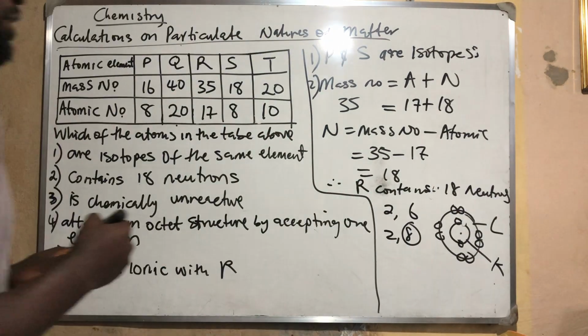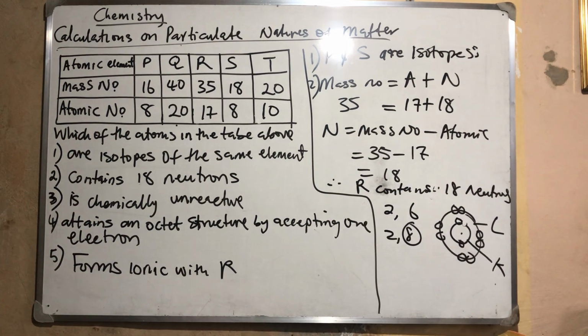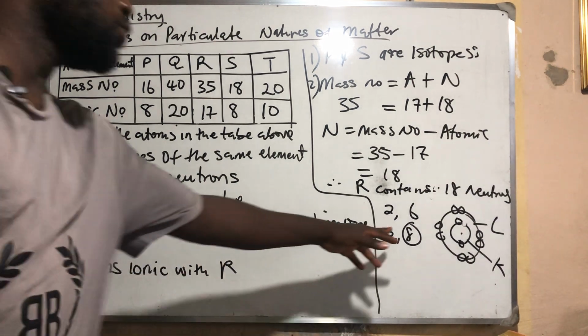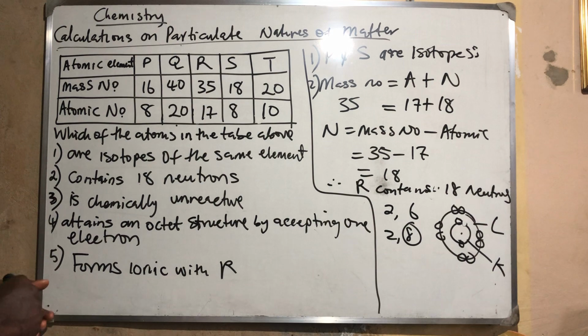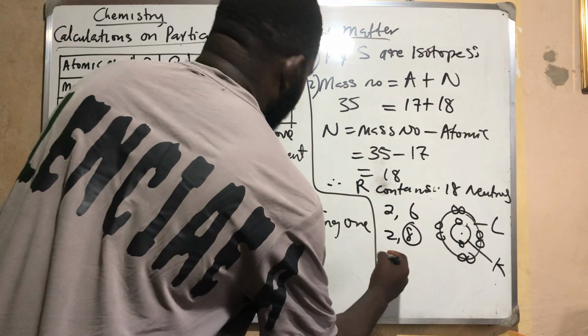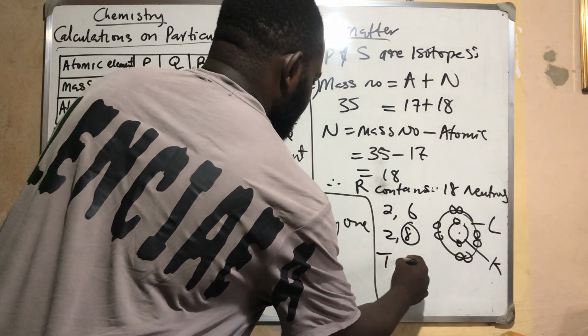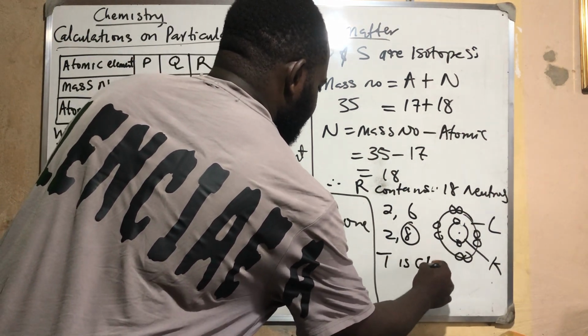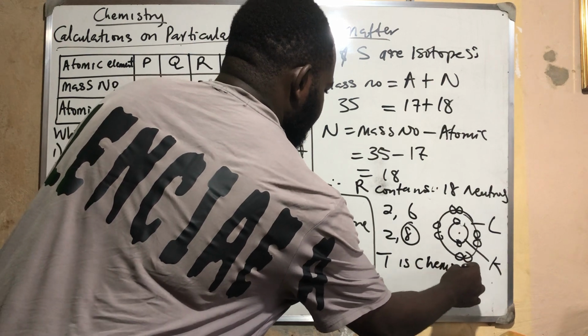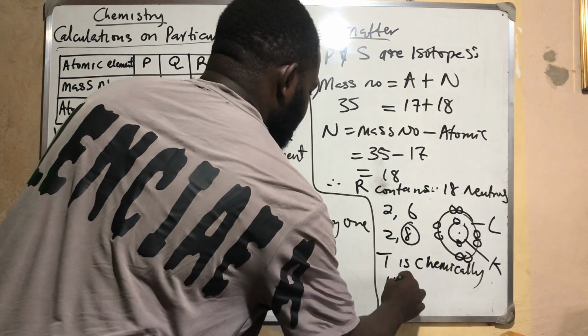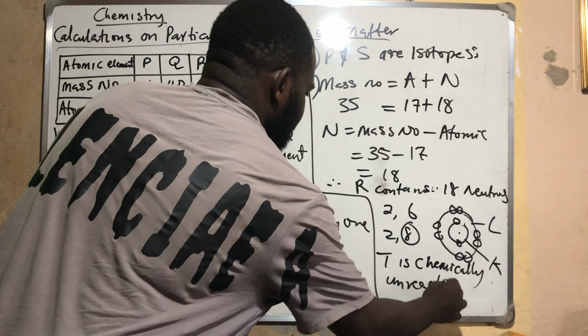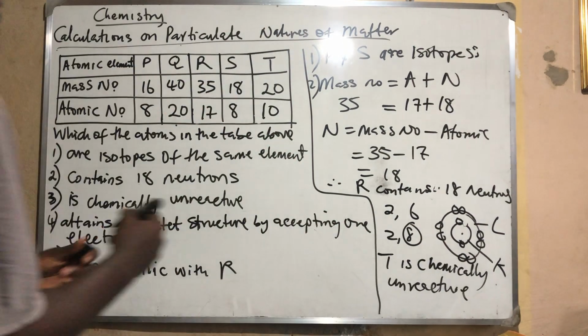Don't forget that the L shell takes a maximum of 8 electrons and it is filled. Anyone that is filled is called a noble gas, so they are chemically unreactive. So you tell them that element T is chemically unreactive. All right, very, very simple.